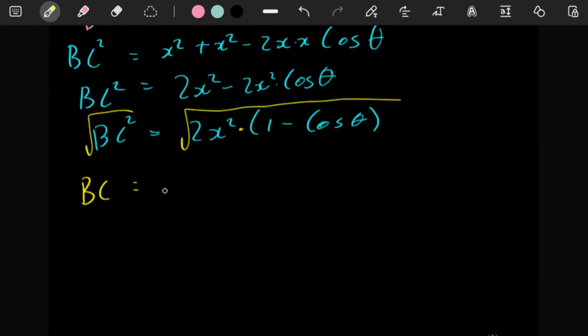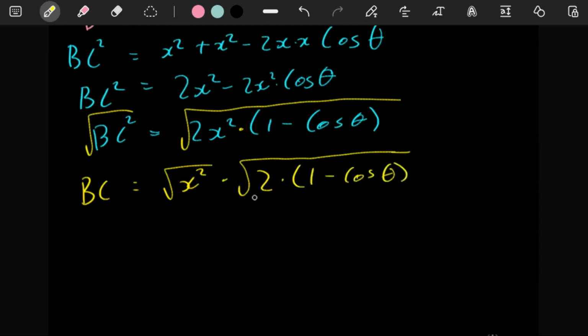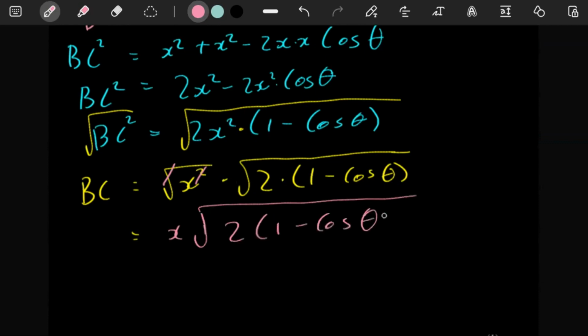Anything that's not a square number is pointless to square root, so we can keep those under the square root symbol, because they're not going to change anyway. But for the one with the squared, this cancels that, and then you have 2, 1 minus cos theta.